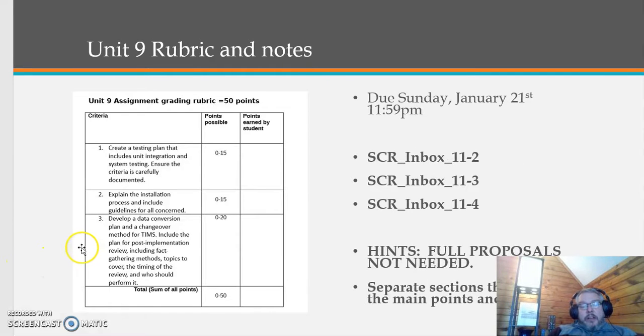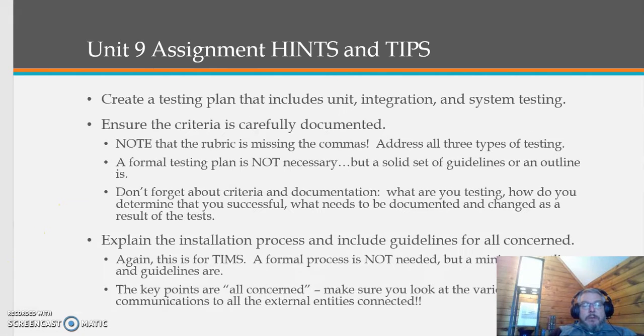Again, to reiterate, those final two items are sort of lumped together within this rubric component. But if you think of it as four main pieces to the Unit 9 assignment, I think you're going to be particularly successful. Again, realize that the punctuation is incorrect, so you do want to look at all three types of testing.